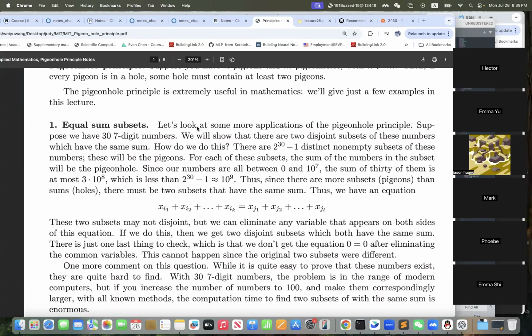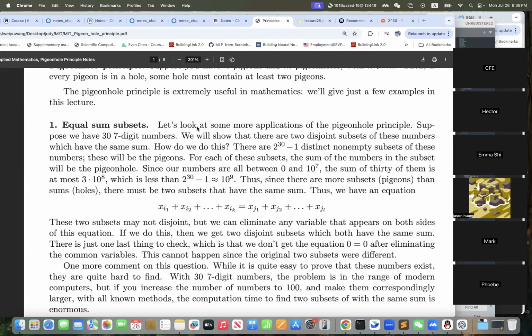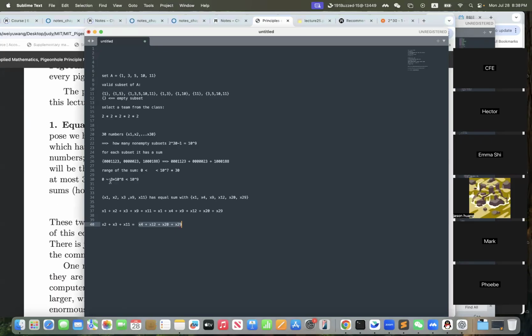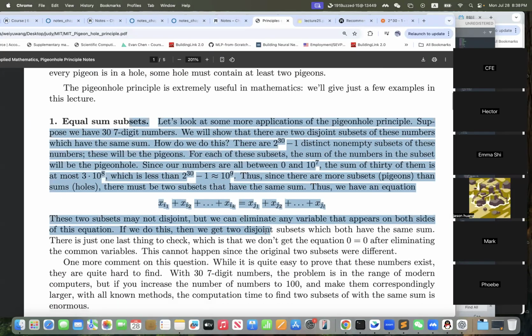You don't need to say this specific 30 numbers. It's any 30 numbers, as long as they are 7-digit. You can always find some numbers that add together equal to the sum of other numbers added together. And these two groups don't have overlapped numbers. See? Okay, so this is the application.